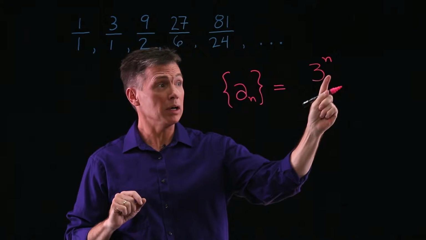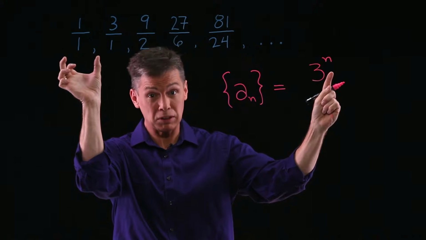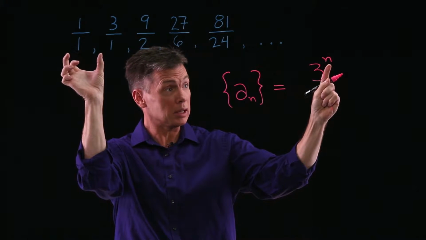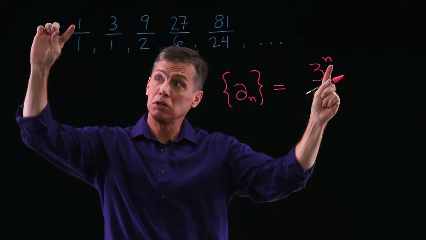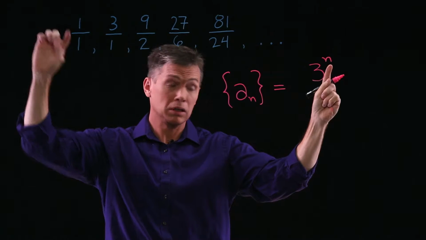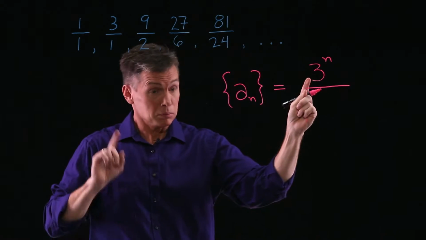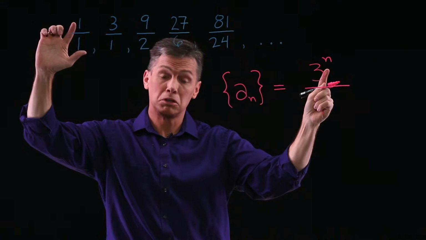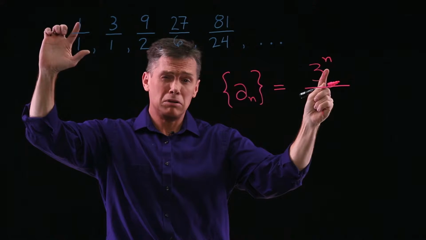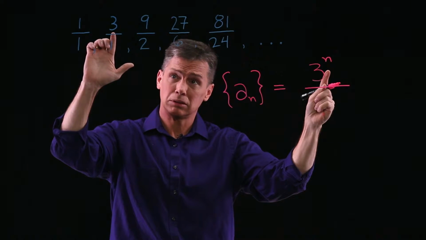So if I were trying to check the first term of the given sequence, and I put a 1 in, 3 to the 1 power is 3, and that's not what my numerator is, okay? I'm just working on the numerator. Let me make that more clear. If I put a 1 in, I'm not getting the numerator of that first term they give me. 3 raised to the 1 power, that's actually here, all right?